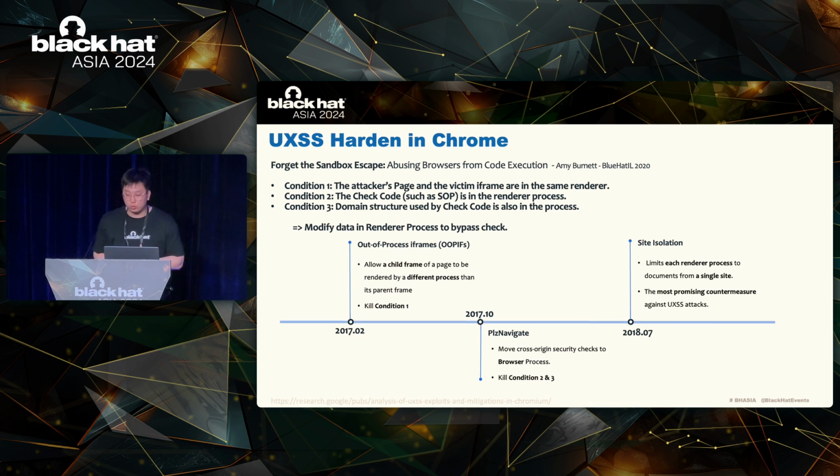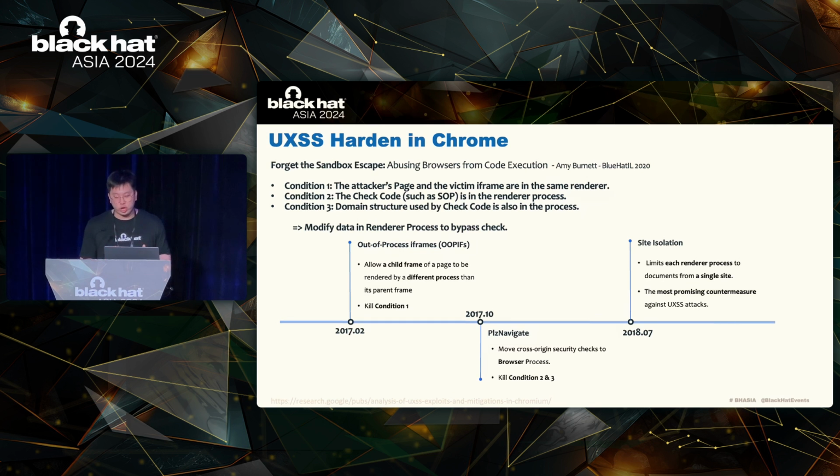It sounds like good news, since Chrome and Safari used to share the same render engine, which was WebKit. So this attack method in Safari may affect Chrome as well. However, Chrome designed a series of universal XSS hardening measures to defend against them. First, Chrome introduced out-of-process iframes.